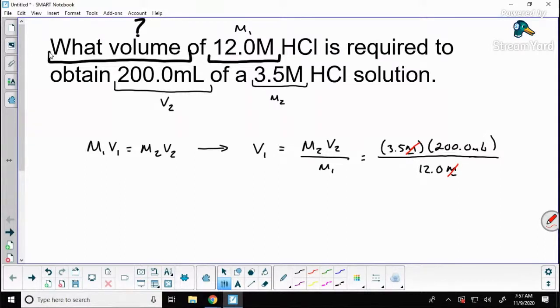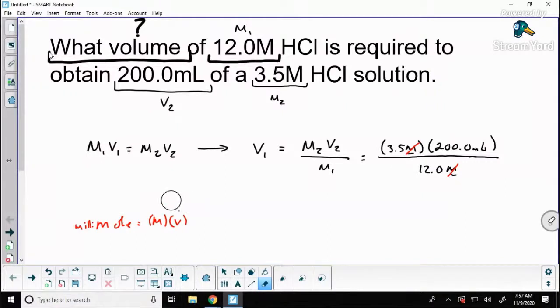Okay. Now, in a previous video, I talked about the fact that if you do your volumes in milliliters, for example, if I've got that moles equals molarity times volume, and my volume is done in terms of milliliters, and molarity is done in terms of moles per liter, when I solve, what I will actually get are millimoles.